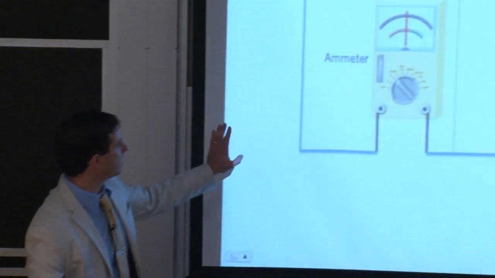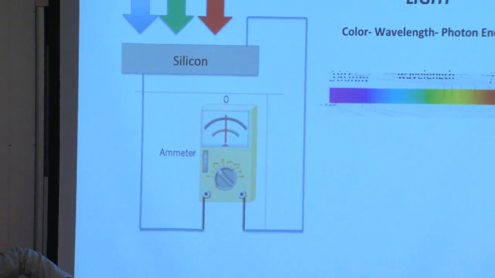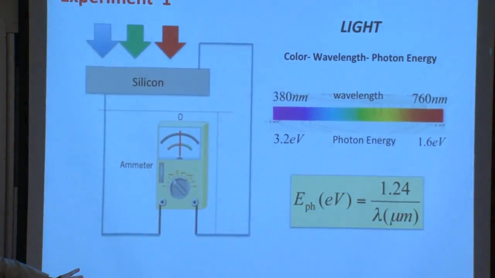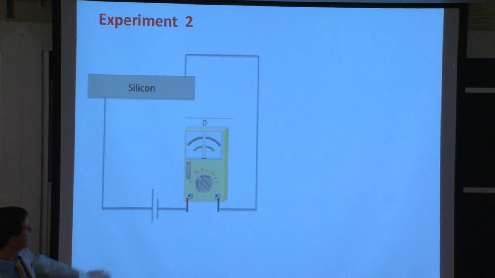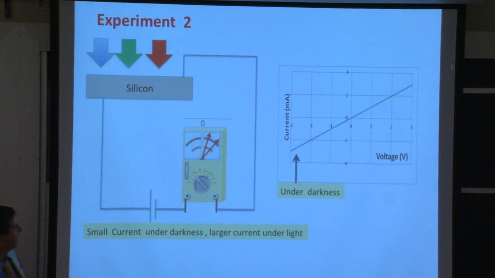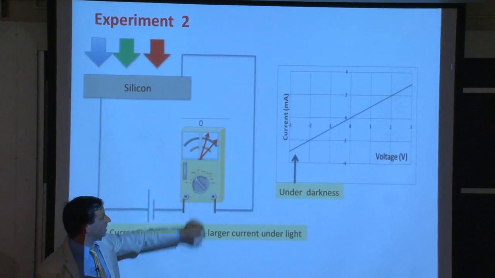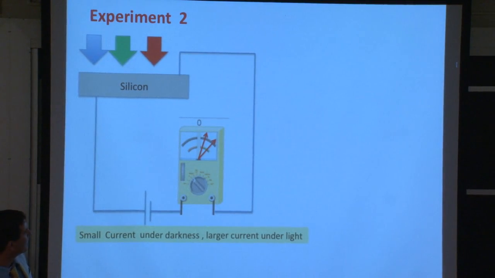I'm going to explain once again the experiment. We just had light coming in. It was invisible. We were able to excite carriers, but no current was observed because we didn't have a potential. When we applied the battery or the potential across, now when we shone light on the sample, we had current flowing through. And we even have a very small current flowing through when we have the battery applied without the light on.